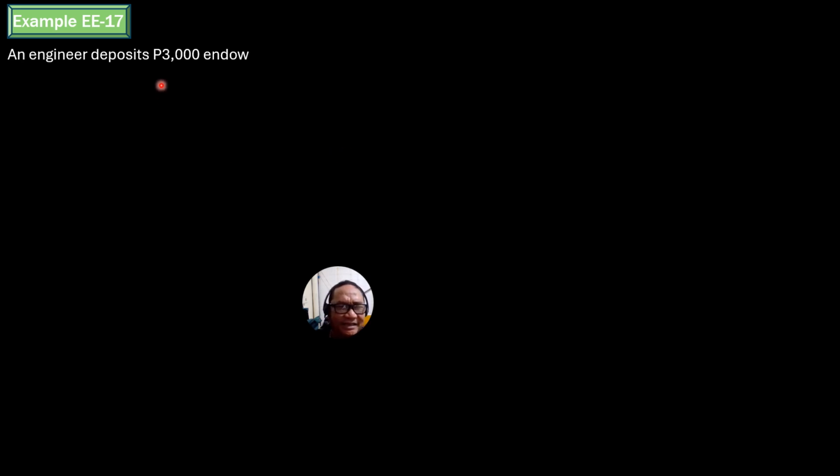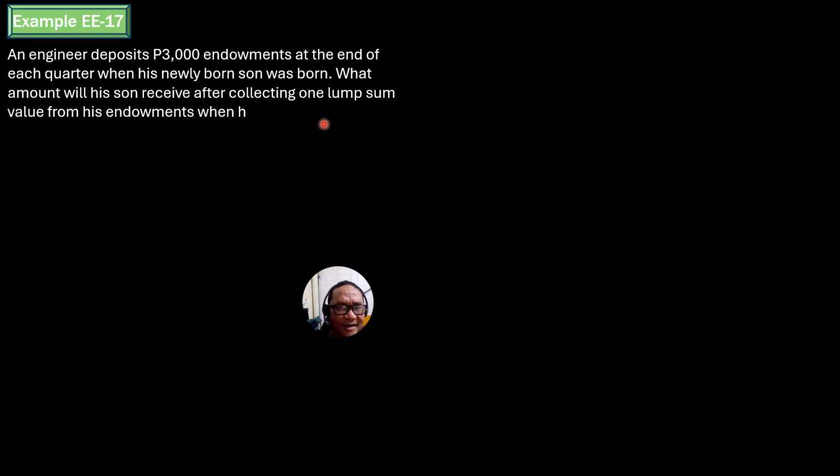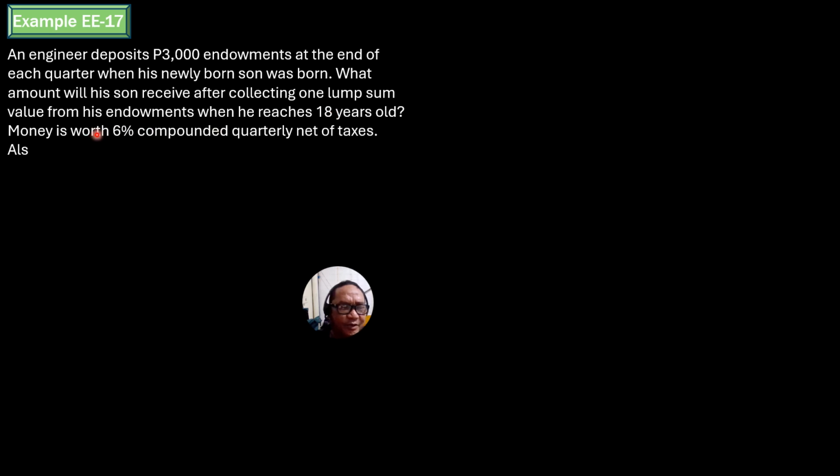So let's have an example. This is example 17. An engineer deposits 3,000 pesos endowments at the end of each quarter when his newly born son was born. What amount will his son receive after collecting one lump sum value from his endowments when he reaches 18 years old?